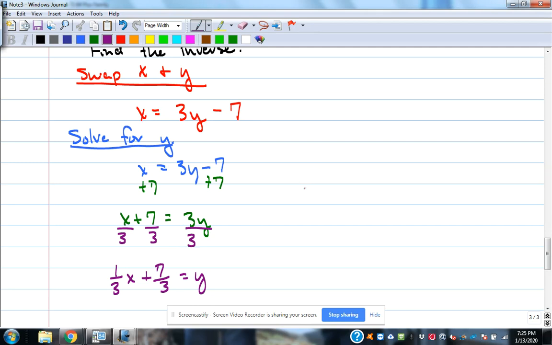So the inverse function in function notation, that's the last thing. The function notation for inverse is f, or whatever letter they named the function. This was f of x to begin with, and then put a little -1 exponent on that.